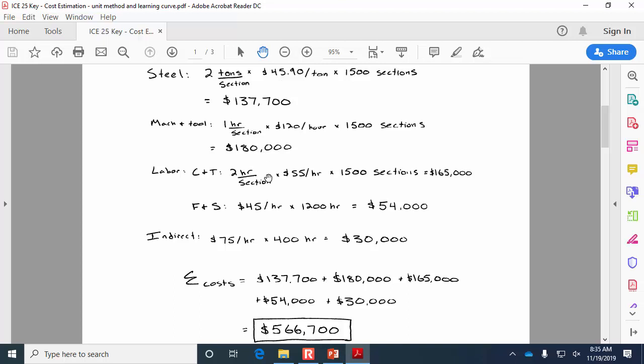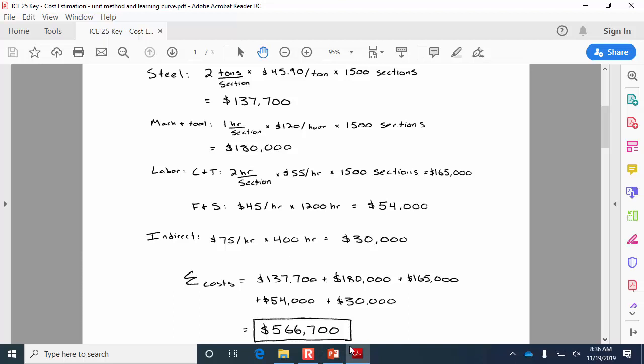So our estimate of the cost as it relates to steel here of $137,700, well, if the price of steel went up between when we were doing the projection and when the project actually was undertaken, then we just have to re-estimate this one component of the cost estimate and all the others would be unaffected.